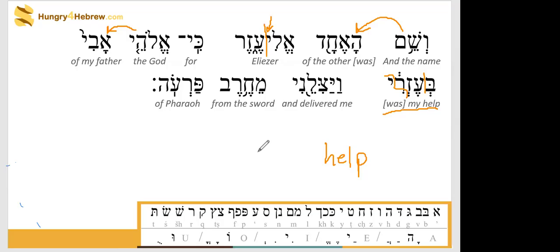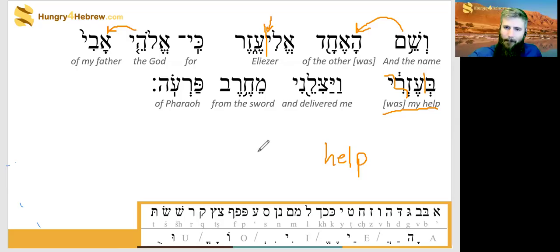Is be'ezri an infinitive construct? Oh no, Ezri is a noun. It's close to the original form, much like the word beged was originally bigd.